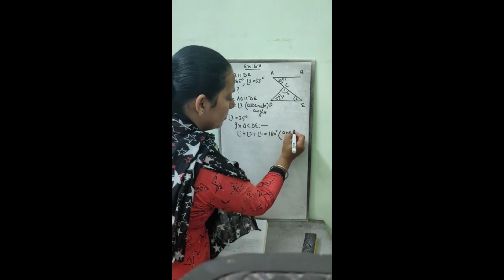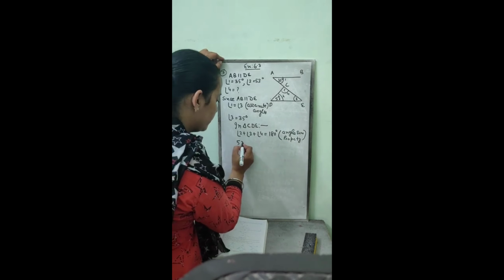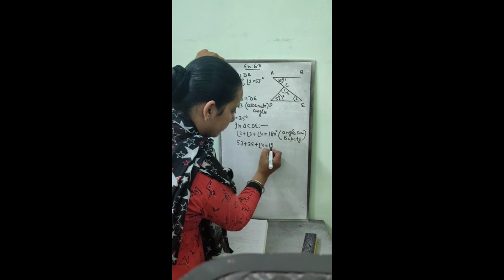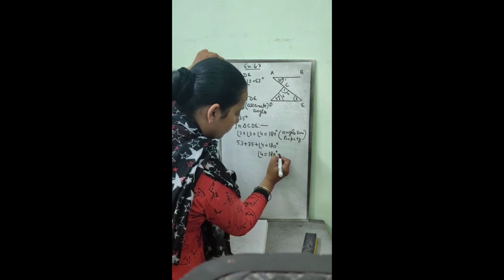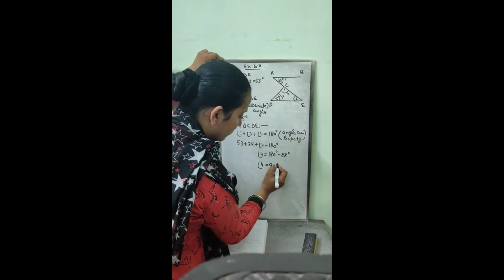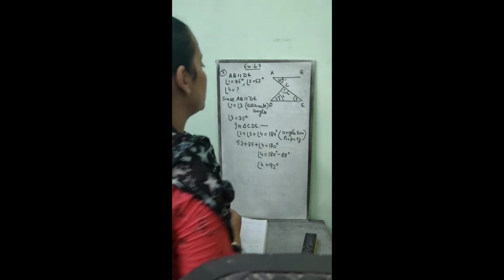Angle sum property. Two is 53, 3 is 35, 4 is as it is. Angle 4 is 180 minus 88. Angle 4 is 92 degree. Clear? Give a 1 minute review to this sum.